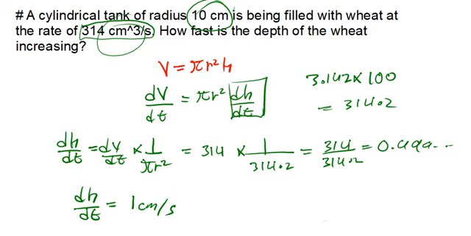Of course, when it comes to rates of change questions, they can be a bit tricky sometimes. As I earlier stated, sometimes you are given the equation, sometimes you're not. It's just a matter of trying to reason with the information that you have been given. Sometimes the information is given in terms of words. In this case, it was just a cylinder, and we do know the volume of a cylinder.